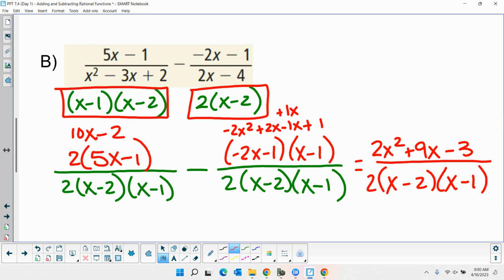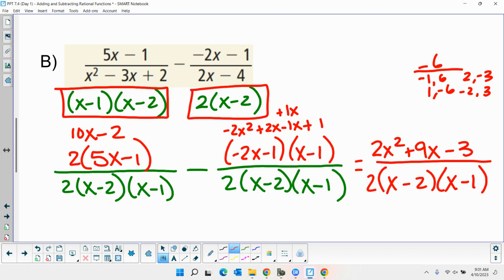There's my new numerator after I subtracted them. Now, I should try to multiply these. 6 times negative 3 to try to factor it. There's no GCF. So 2 times negative 3 is negative 6. You got negative 1 and a 6, or 1 and negative 6. You've got 2 and negative 3, or negative 2 and 3.